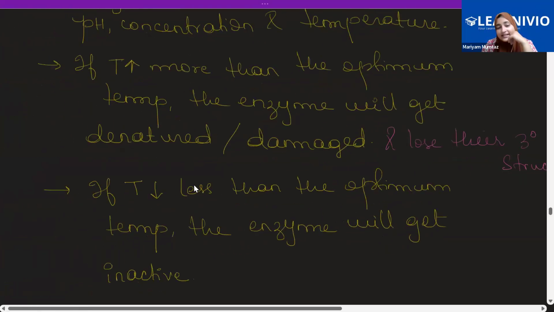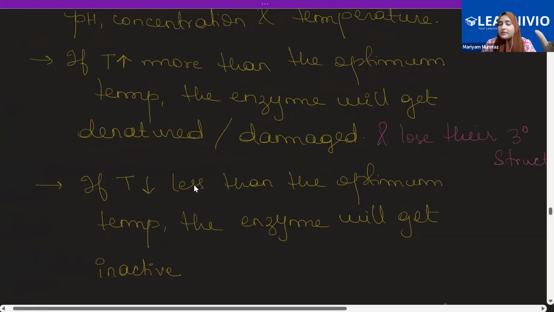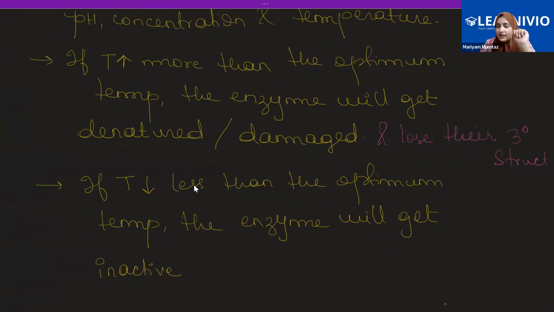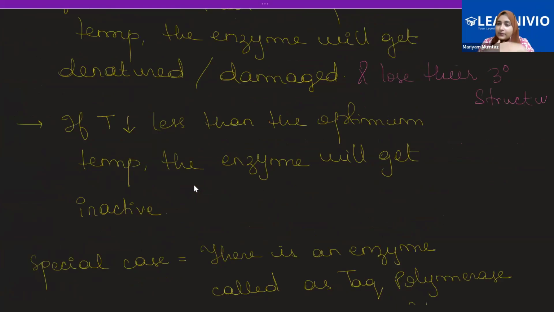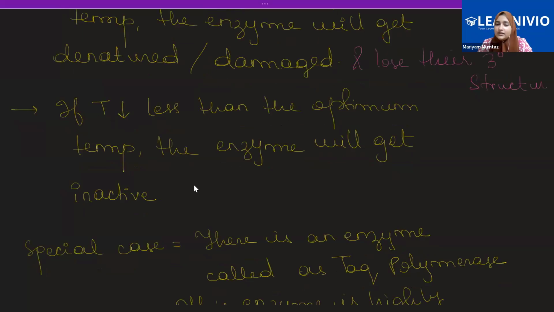If you decrease the temperature less than the optimum, for example, if there is an enzyme that works at 32 degrees Celsius, and you provide 20 or 28 degrees Celsius, the enzyme will get inactive. If it works at 32 degrees Celsius and you provide 40 degrees Celsius, it will get denatured. Understood?